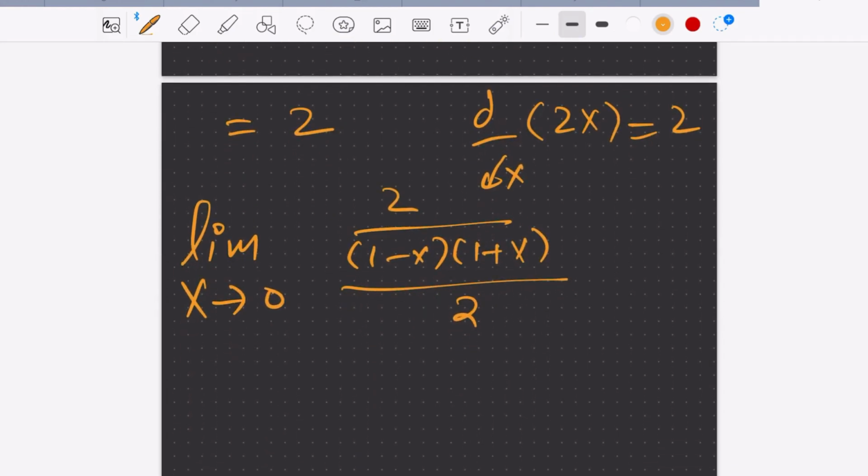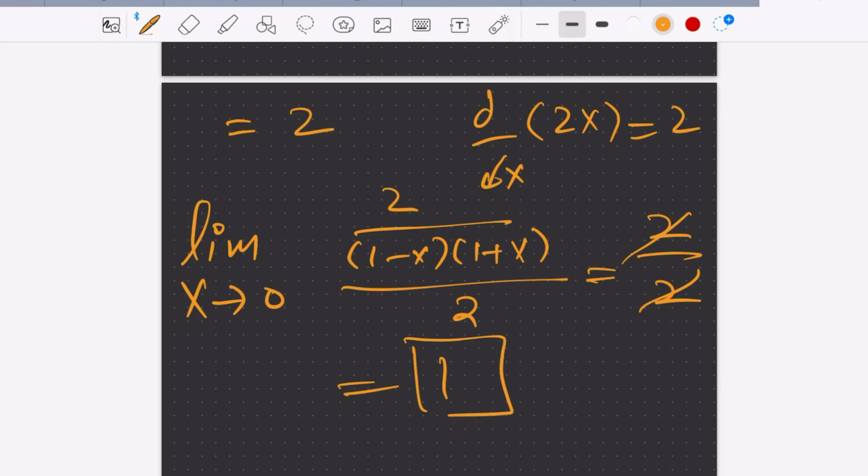Now I can put the limit x equal to 0. If I put x equal to 0, the x terms become 0, and we are left with 1 and 1. So after putting in the limit, it will be equal to 2 over 2, which is 1. So that is my final answer.